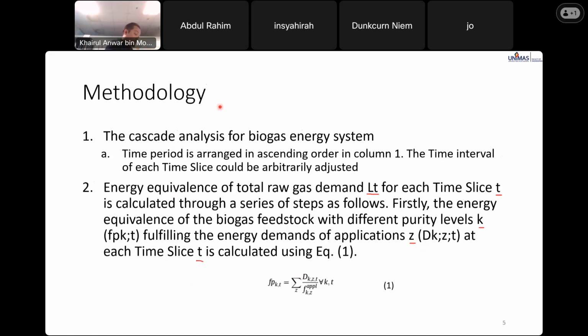Methodology. For the methodology, you will refer to page 105 of the paper.